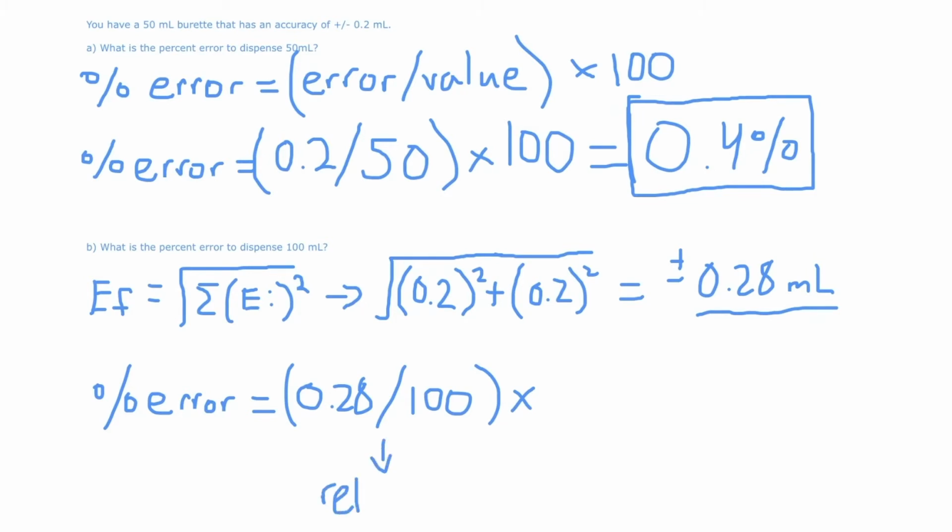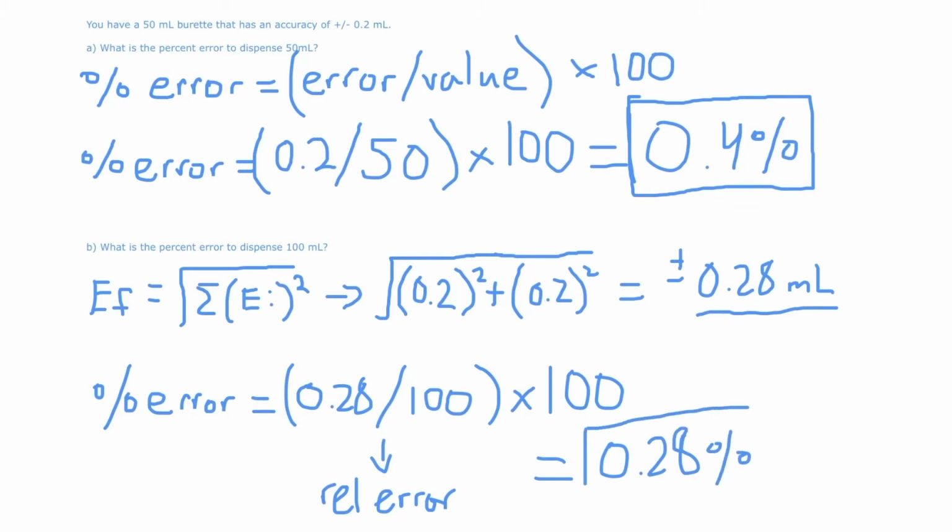Remember, this is relative error. We'll multiply that quantity times 100 to get our percent. And this right here is going to work out to 0.28%. It's the percent error for taking 2 measurements using the burette and getting a total value for a fluid of 100 milliliters.